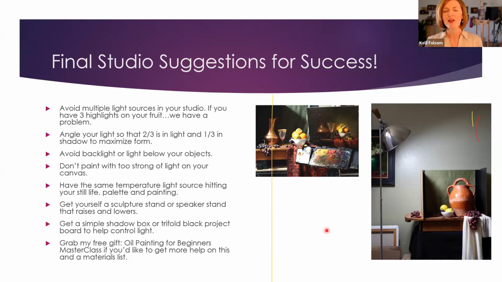If you don't have a good lighting setup, this can just totally destroy everything we just went over, okay? So make sure, double check that you do not have too many light sources in your studio. So if you have 3 highlights on your fruit, Houston, we have a problem, because you cannot create form and you cannot get good light and shadow. You're going to lose your shadows.